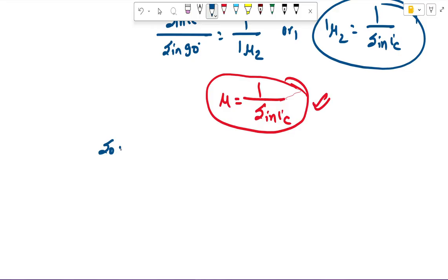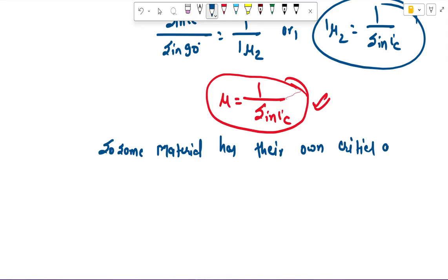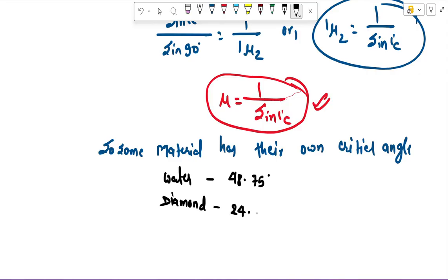For example, water has 48.75 degrees and diamond has 24.41 degrees.